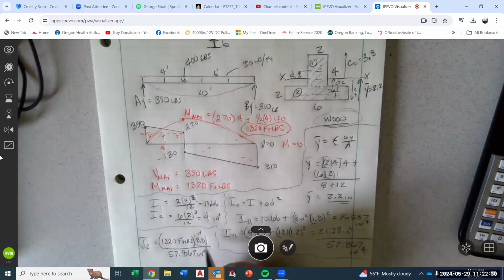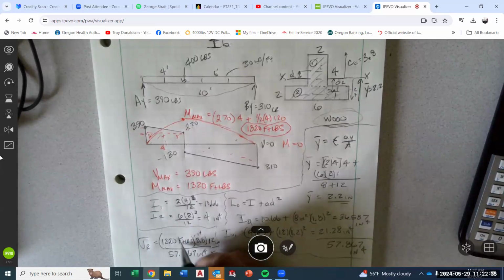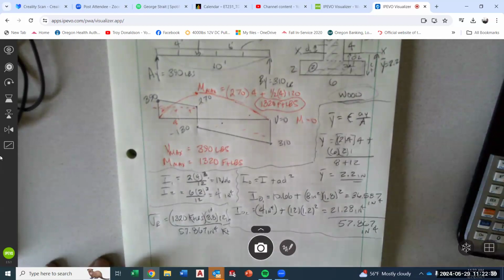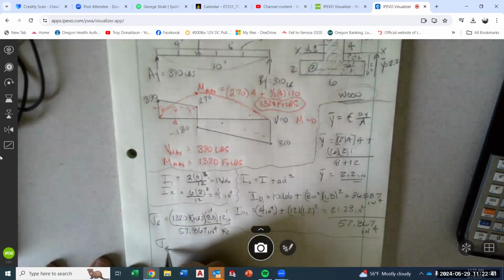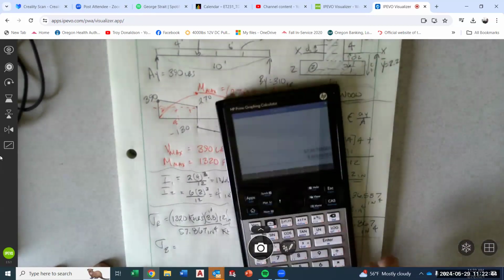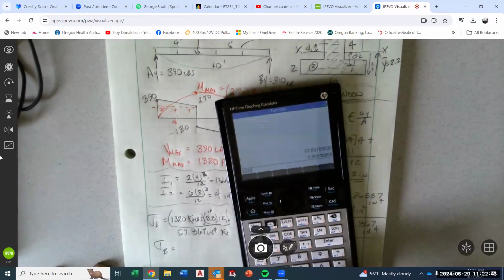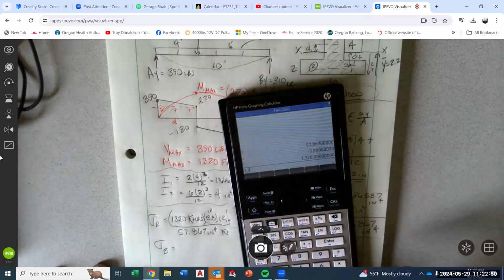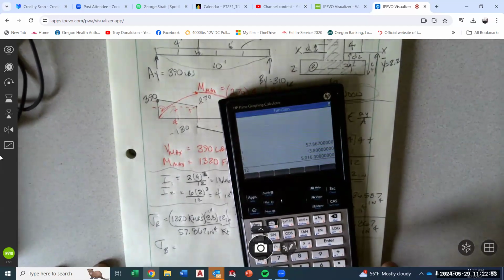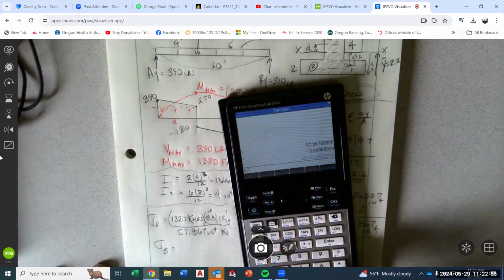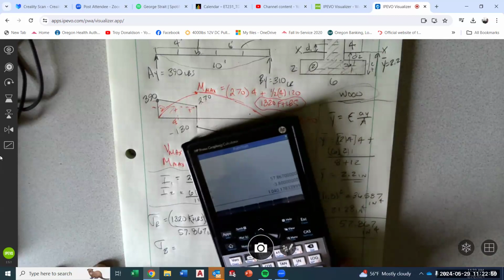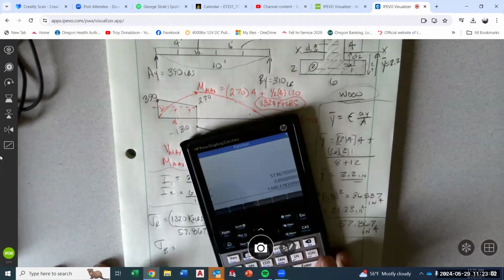This foot is a problem, so we need a factor of 12 inches per foot to get rid of that. So now we have PSI. Okay, so bending stress is going to be 1320 times 3.8 times 12 divided by 57.867. 1040.18.